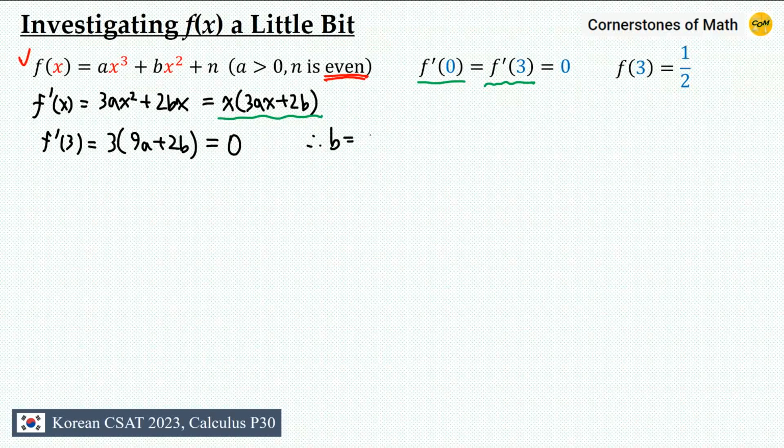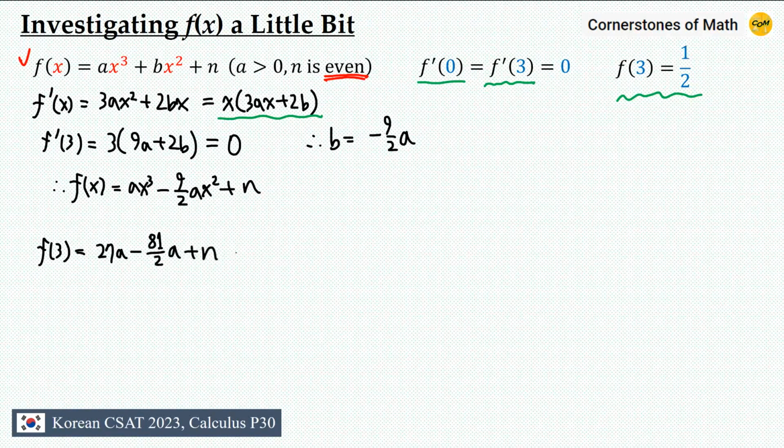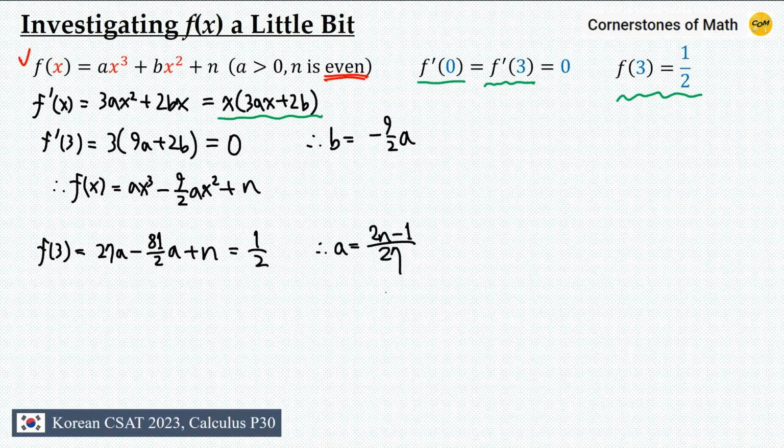Therefore, b equals minus 9 over 2 a. This gives f(x) as ax cubed minus 9 over 2 a x squared plus n. And we also have this condition, f(3) equals 1/2. So we have f(3), which is 27a minus 81 over 2 a plus n equals 1/2, which gives a as (2n minus 1) over 27.